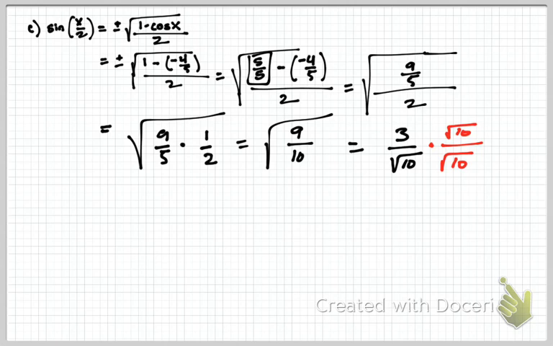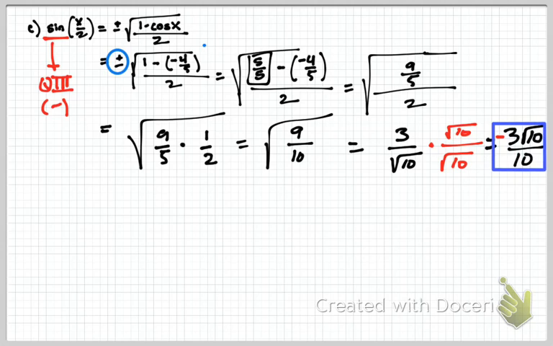So we end up with a final answer here, at least, of 3 rad 10 over 10. Problem is, if we go back to the beginning, we have a plus or minus. Now, we're dealing with sine, and we're in quadrant 3, where sine is negative. So my answer is not positive and negative, it's just negative.